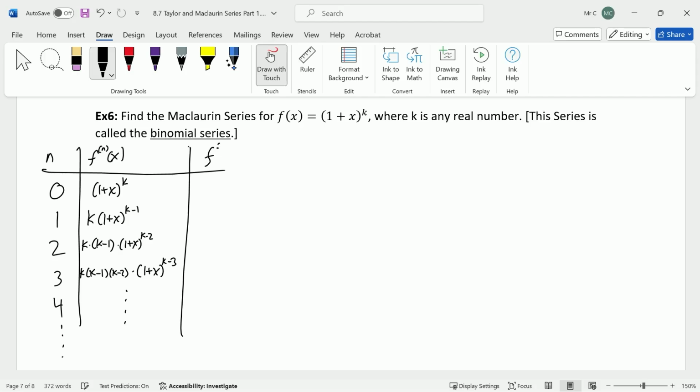And when we evaluate this derivative at 0, we get 1 for the first term. We get k times 1, so that's k. And then we get k times k minus 1. And then we get k times k minus 1 times k minus 2, so forth and so on.